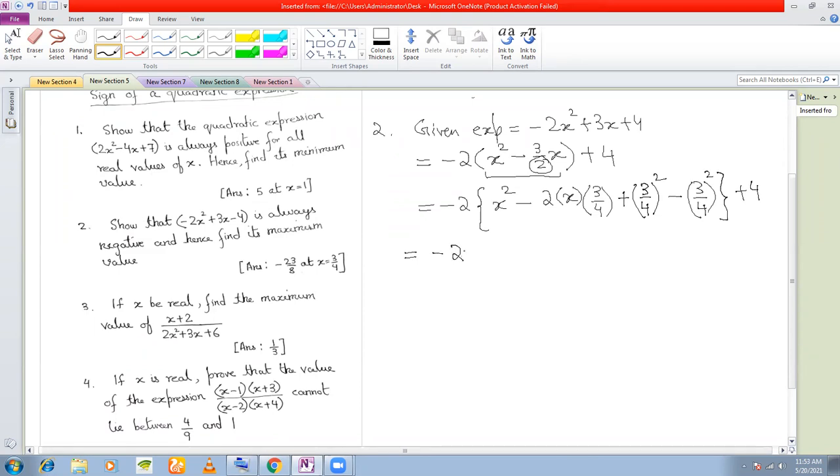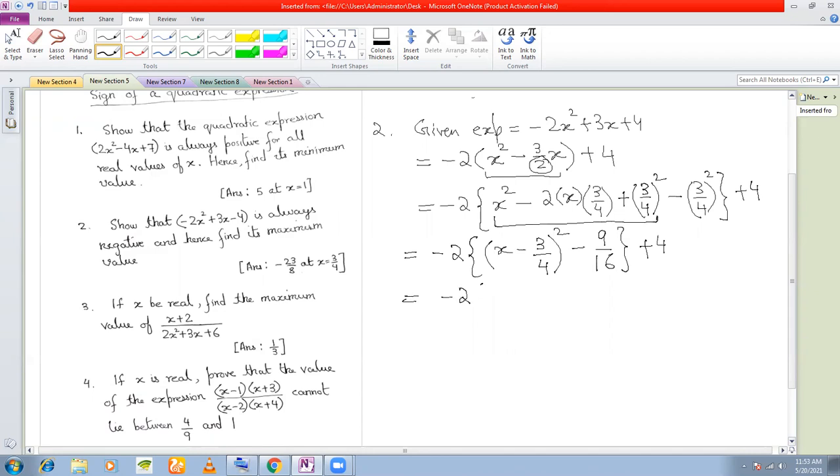Now this minus 2. Now this first 3 terms is a perfect square. X minus 3 by 4 square, right? Minus 9 by 16 plus 4, right? Now multiply this throughout by minus 2.